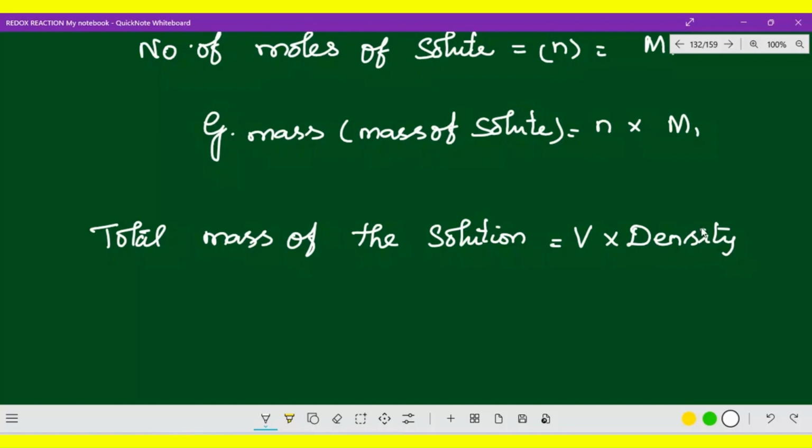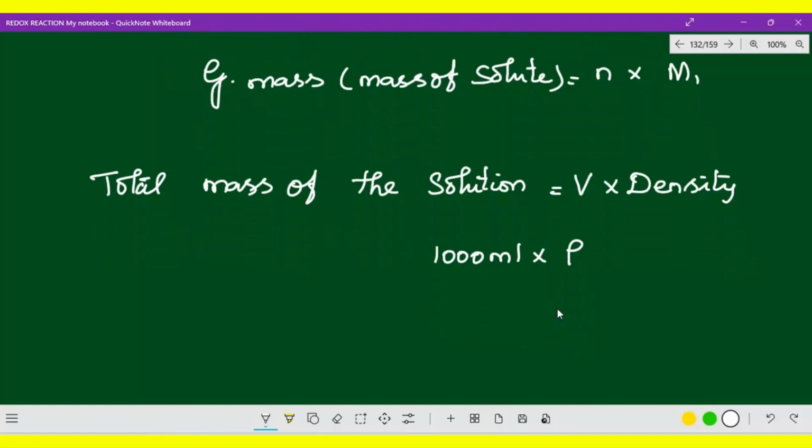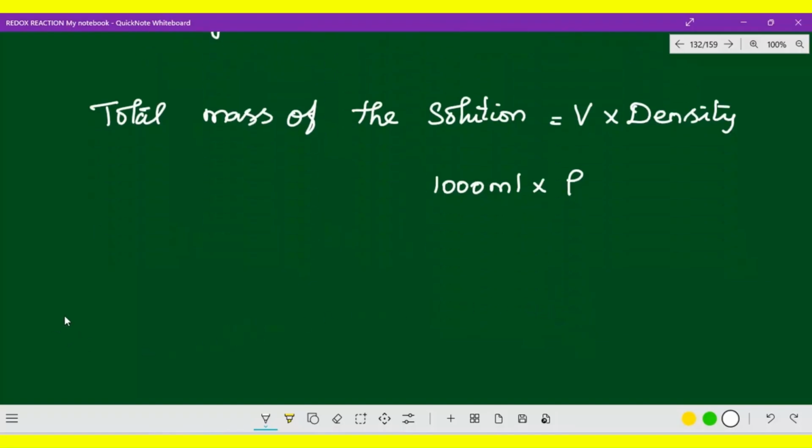If we simply learn the concept only, it will not be useful. Only when you apply it will it be useful. Now volume is 1000 ml into density. Density is actually 1 for water, 1 gram per ml. This is rho, rho is the density. So find the mass of the solvent. Now, how to identify the mass of the solvent?